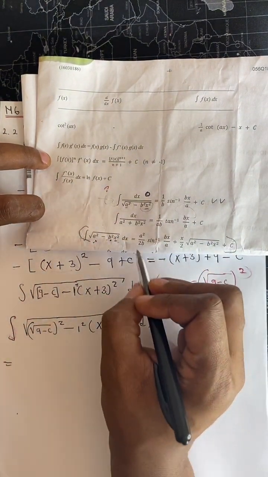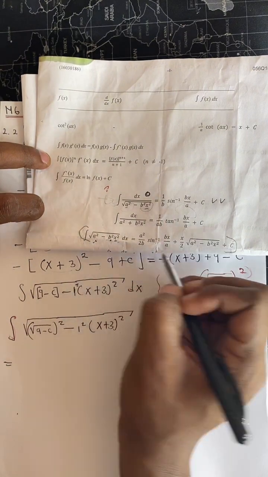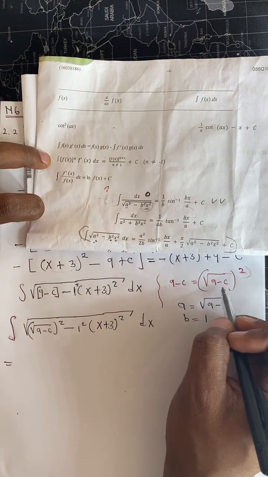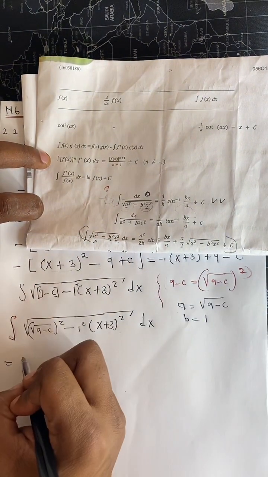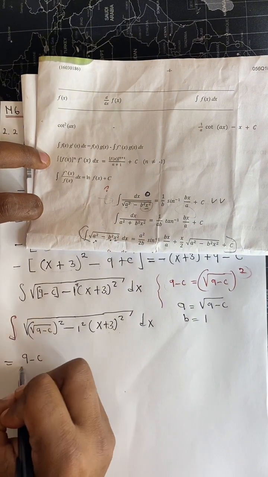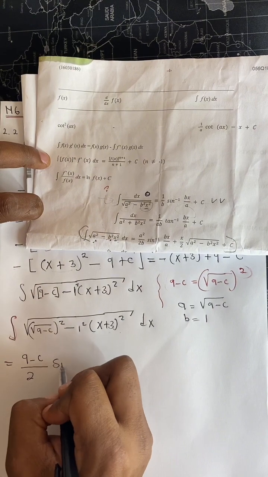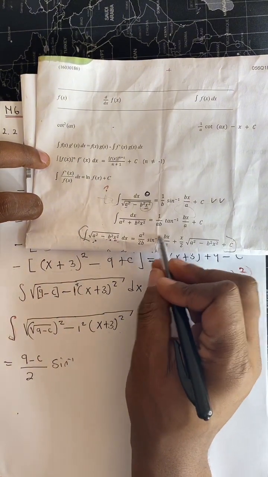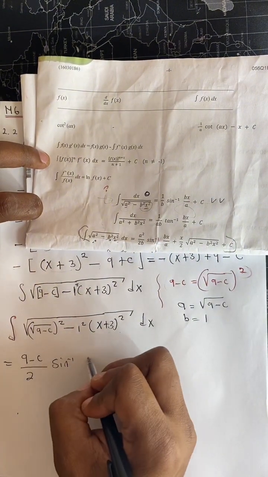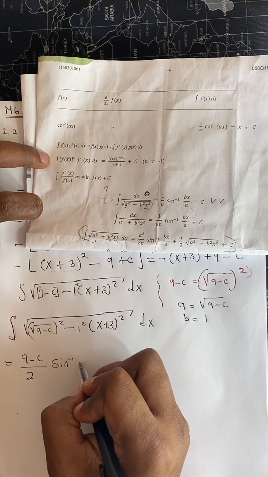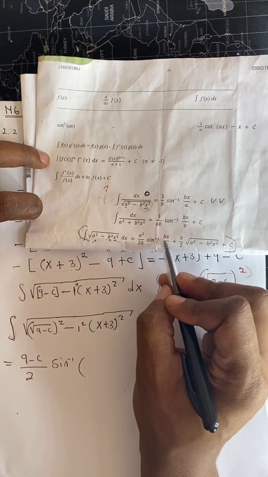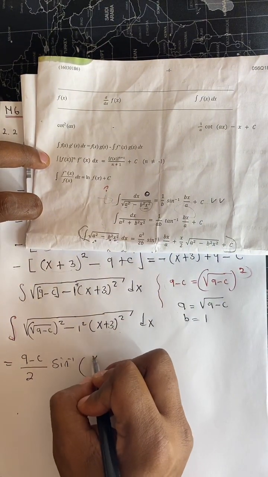So the integral of a squared divided by 2b, so the a squared is just equals to the 9 minus c divided by the 2, the b is equals to 1, arcsine of b, which is equals to 1, x, we don't have x, we have x plus 3, which is squared.